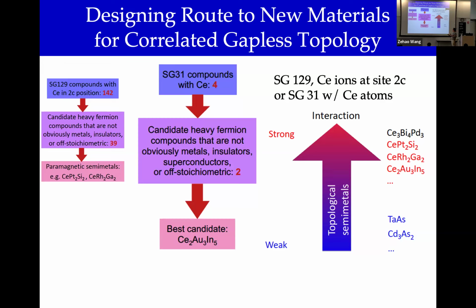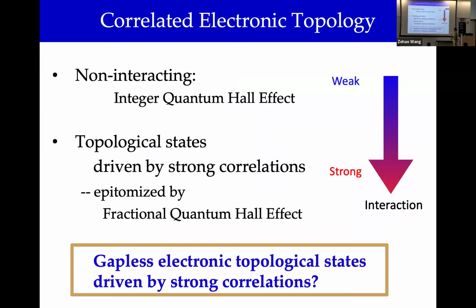That led, as an illustration in these two space groups, in this very particular choice of cerium at some particular sites, to three materials. One of them, our collaborators actually made and measured the specific heat, and it has the temperature dependence associated with the nodal line semi-metal. And so that's pretty much what I want to say today.